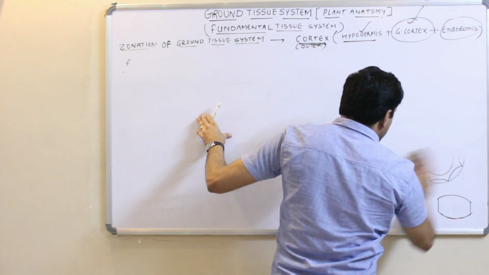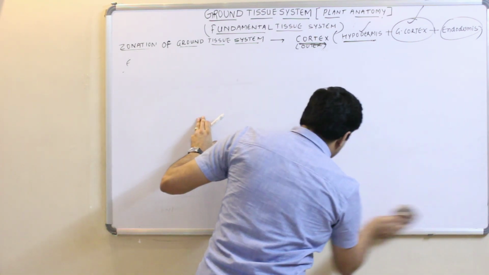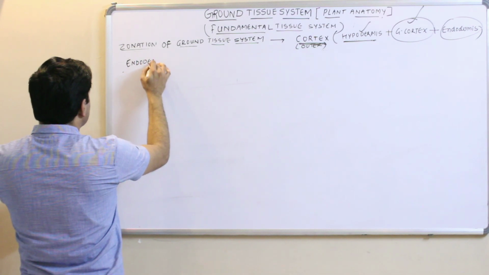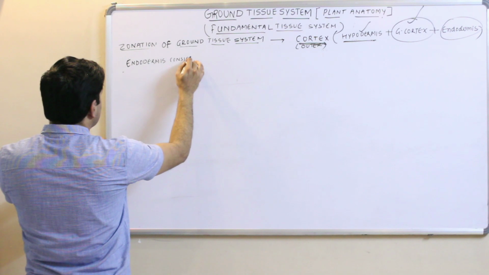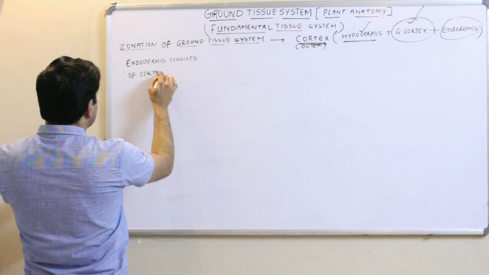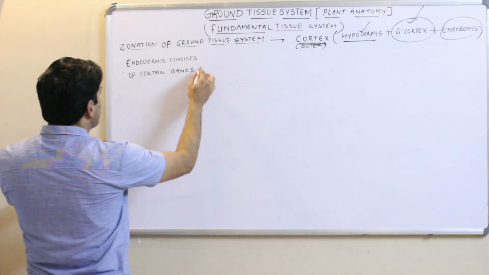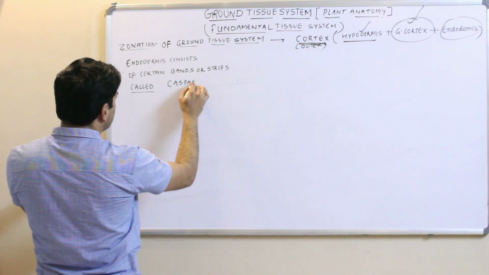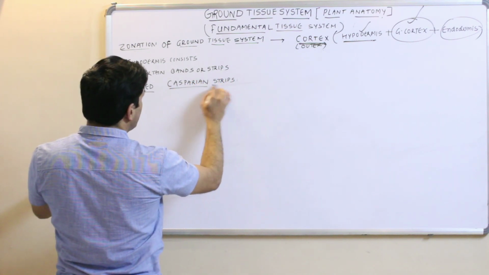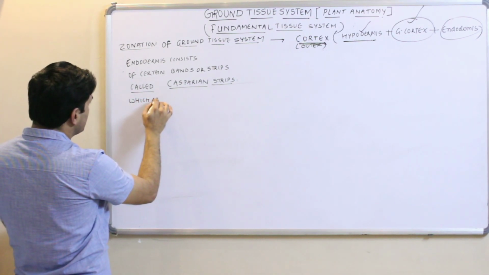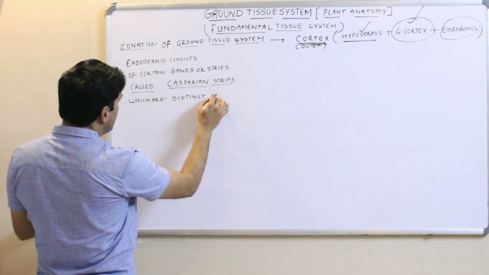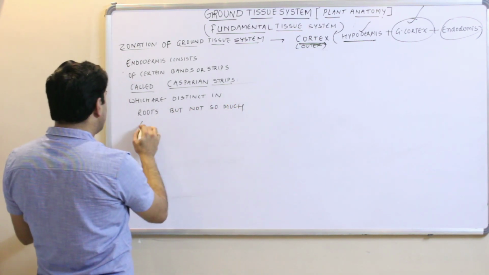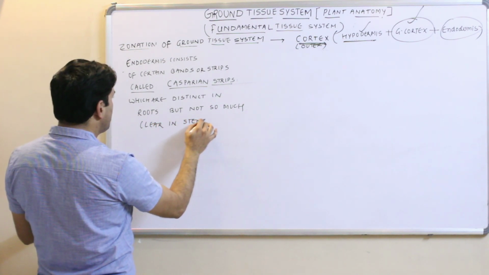The endodermis also consists of certain bands or strips called, very important, Casparian strips, which are distinct in roots but not so clear in stems.